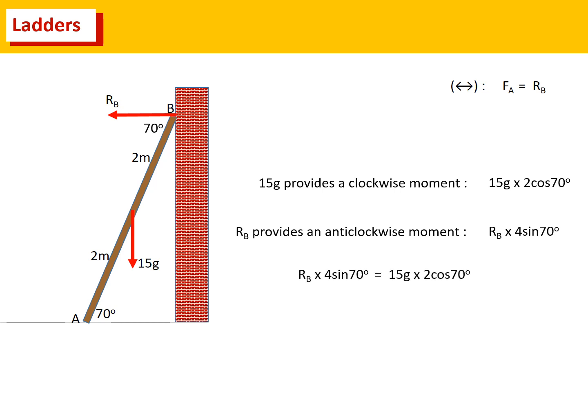Those two moments equal each other, they cancel each other out, giving us a reaction force at B of 26.751, and that will mean the reaction force at A, which equals the friction at A, which equals the reaction force at B, is 26.8 newtons to 3 significant figures.